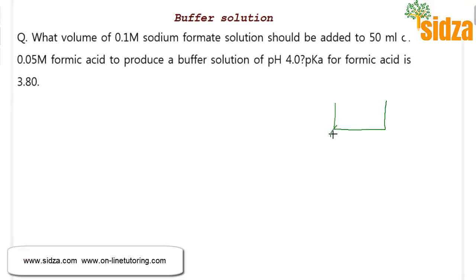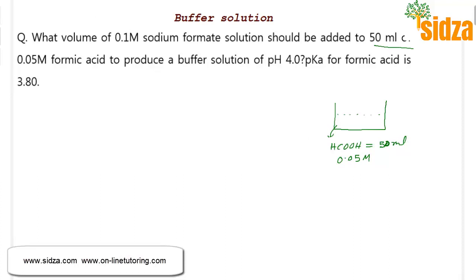So we have here a mixture of the formic acid, HCOOH, and we have how much? We have 50 ml of the formic acid, and the concentration of the formic acid is 0.05 molar, right?